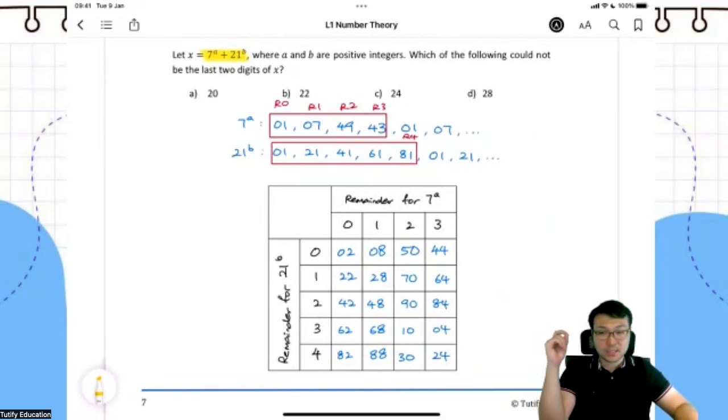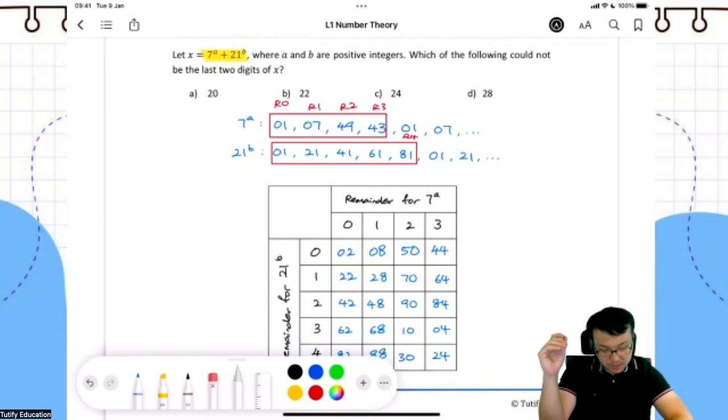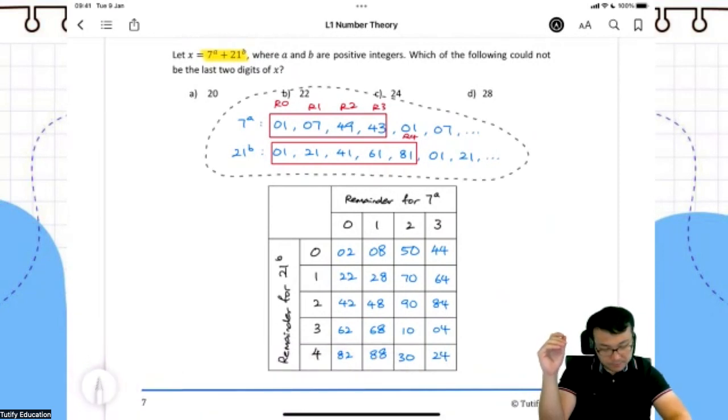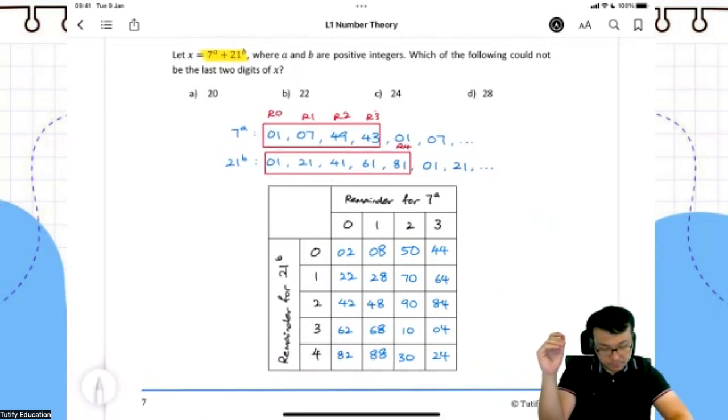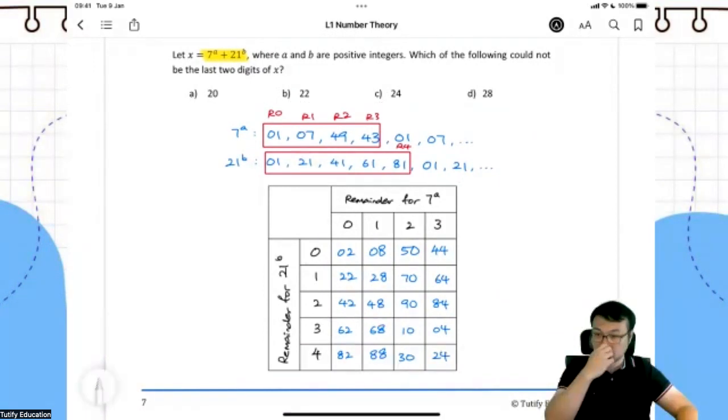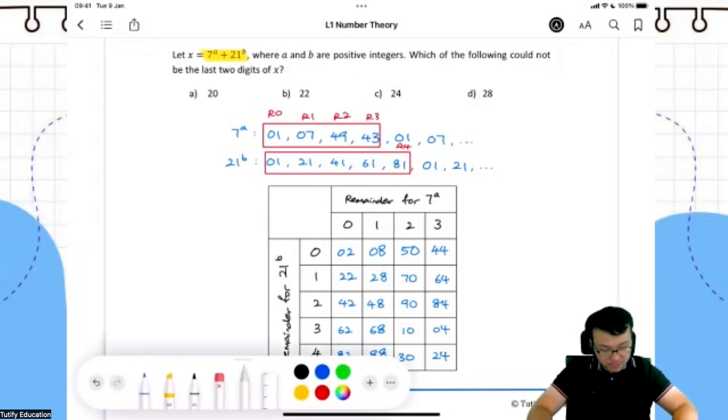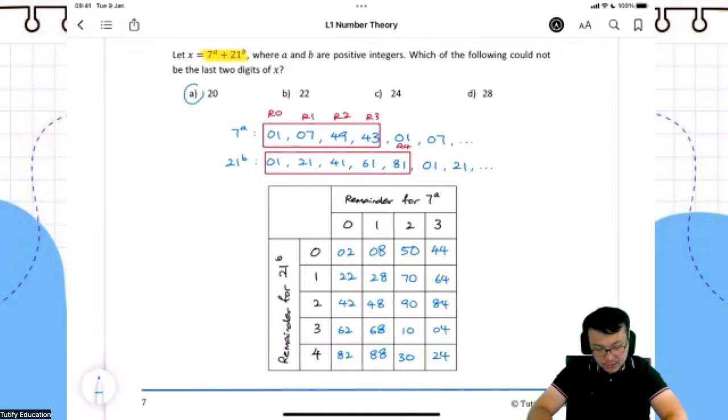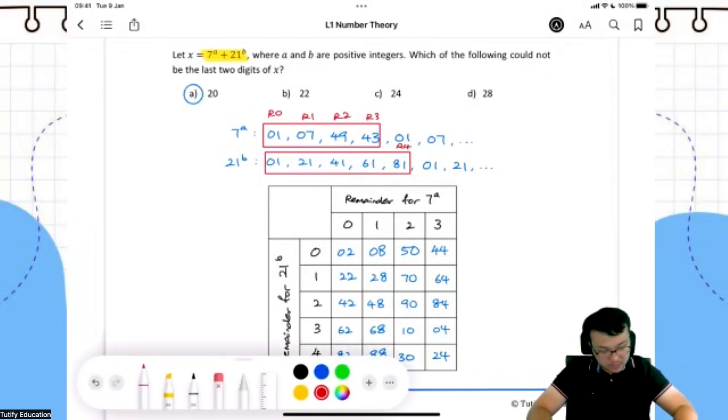Can you all type your answer in the chat group? Which out of all these multiple choice that they gave you will never appear? Yes, Abby, very good. The answer is 20. The number 20 did not appear.